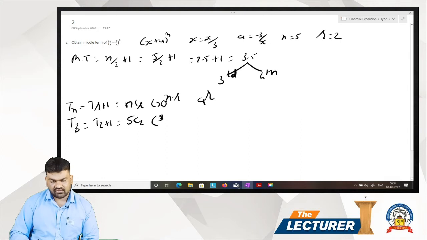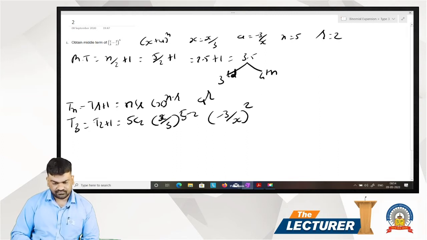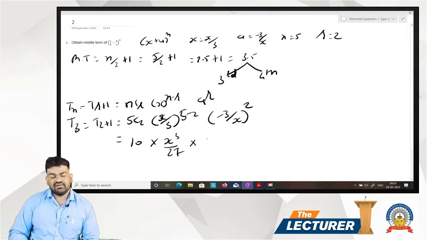X means x by 3 raised to 5 minus 2, a minus 3 by x raised to 2. 5c2 is 10, x raised to 3 divided by 3 raised to 3 that is 27, minus 3 square that is 9, x square.